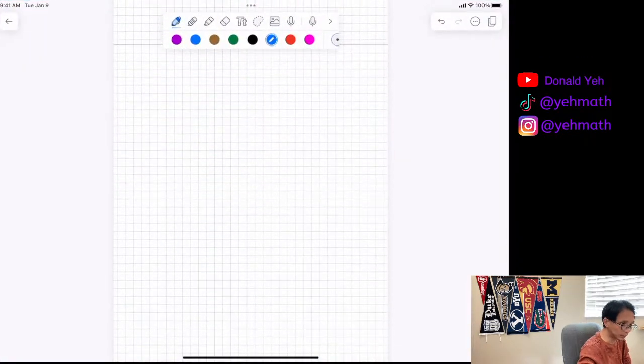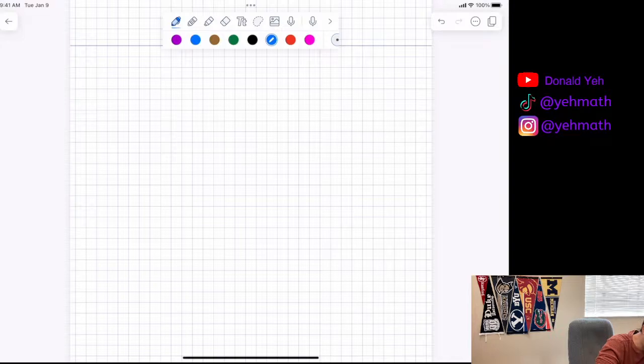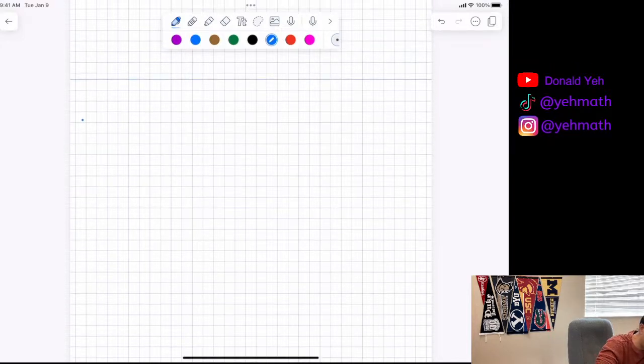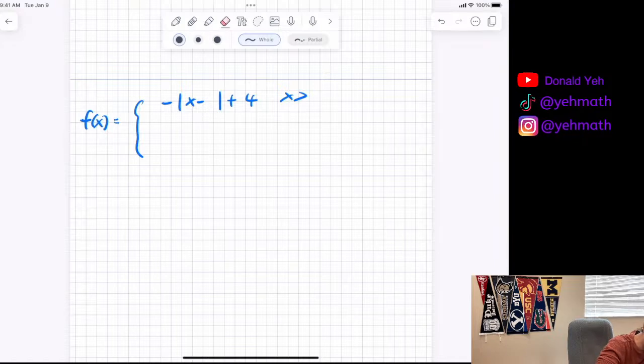All I know is small. And do you know how to graph this?